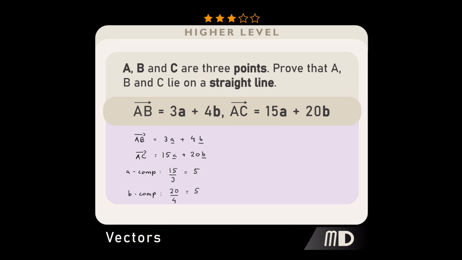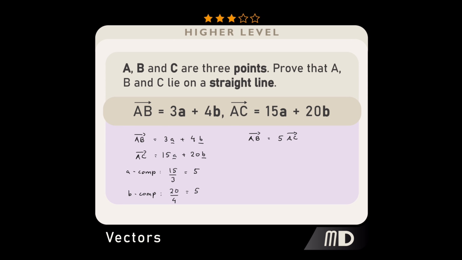The ratio of the components of both vectors is 5, telling us that vector AC is a scalar multiple of vector AB, 5 times larger, in fact. So mathematically, that means vector AC is equal to 5 multiplied by vector AB.